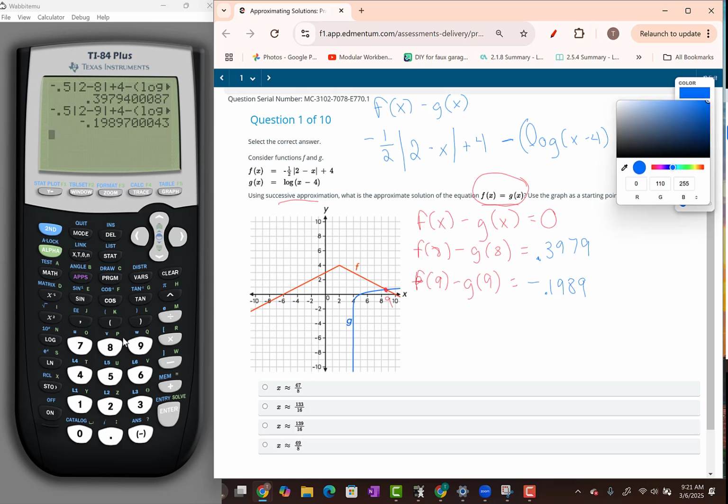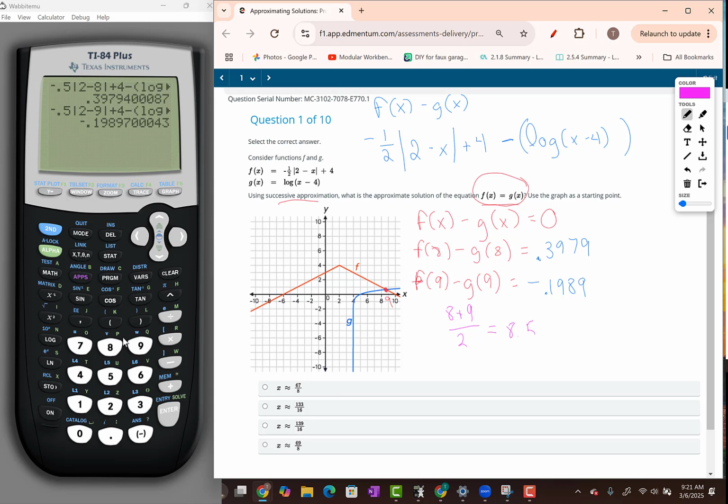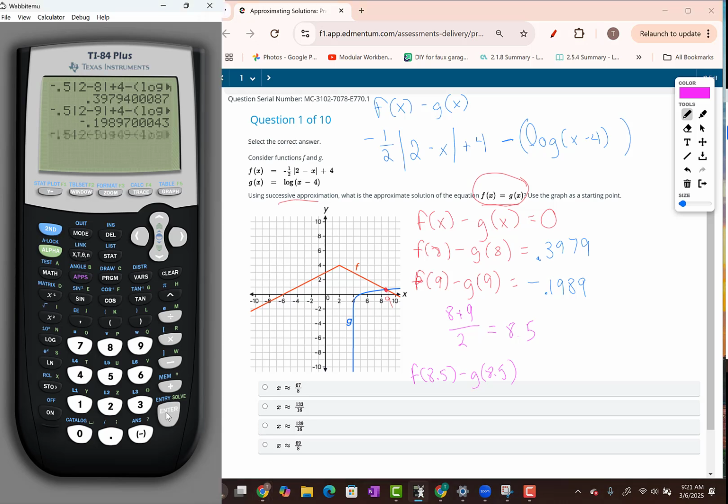Our next step is we want to see if we can narrow this down a little bit further. So we're going to find the average of the lower bound and upper bound. So 8 plus 9 divided by 2 is 8.5. So we're going to find f of 8.5 minus g of 8.5. And again, I'm going to hit second enter, and I'm going to replace the 9 with 8.5. You have to be careful here, because if you just type in 8.5, it's going to type over the 9, the minus sign, and the 4.